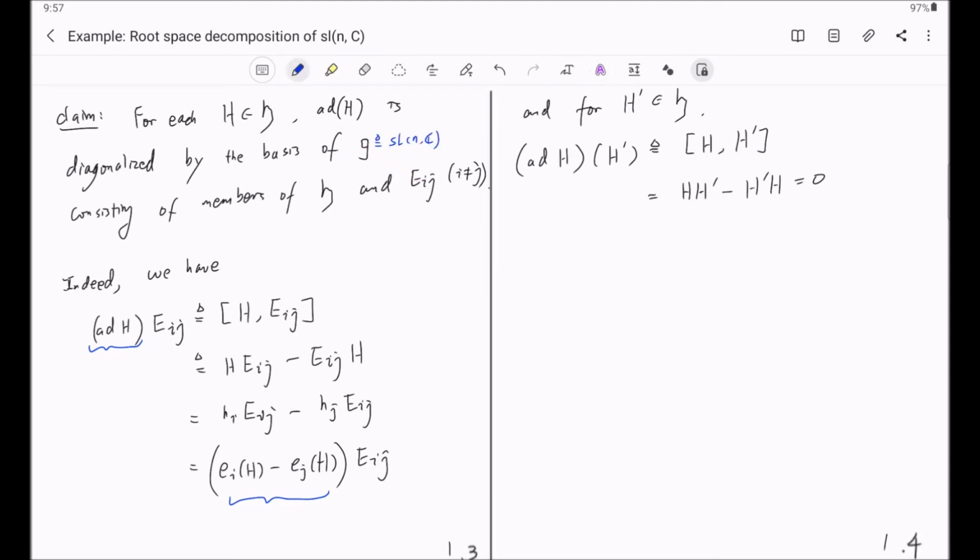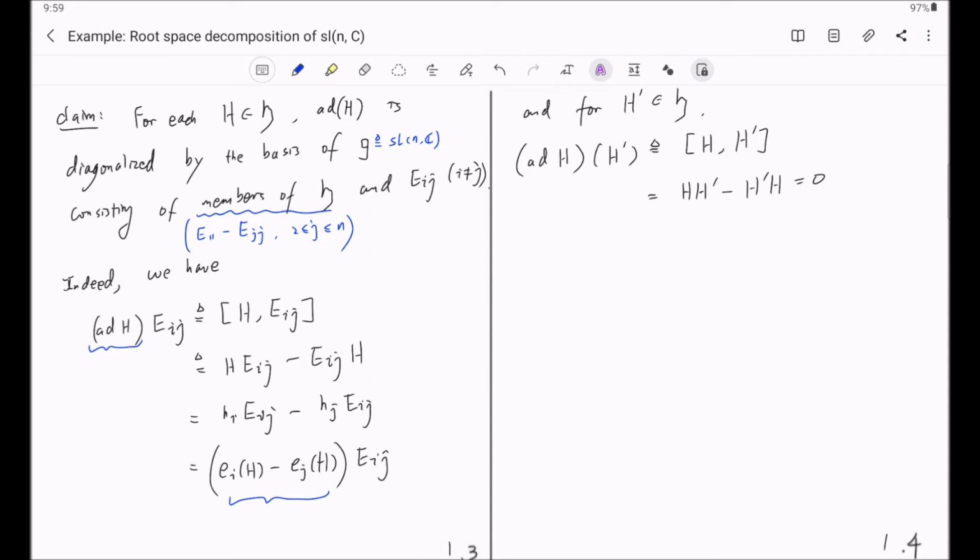And if you want to be more specific, you might want to choose those members of h to be E_11 minus E_jj, where j is greater than or equal to 2 and less than or equal to n. So that from linear algebra you will see those and the E_ij's are really linearly independent, and they will span this g equal to SL_n(C).